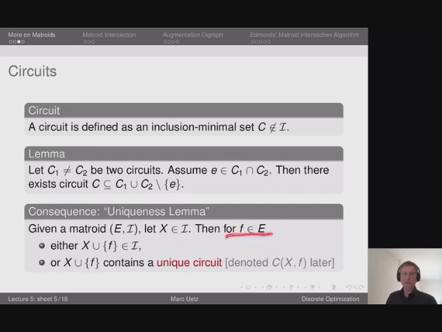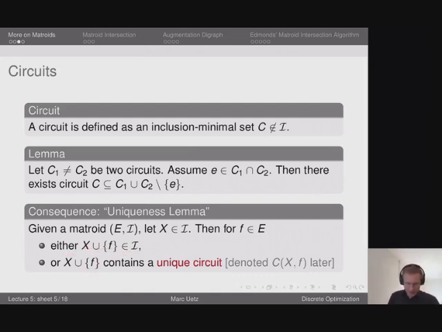and an arbitrary element from the ground set, then two things can happen. When I add this element F to the independent set X, it could still remain independent. For example, F could already be contained in X, or it's simply feasible to extend independent set X by this element F. Or it will be a dependent set, that's the other case.